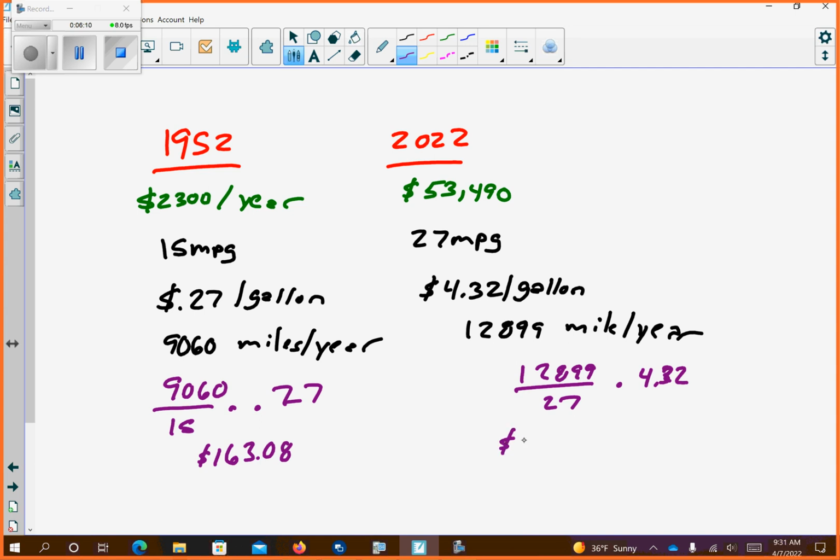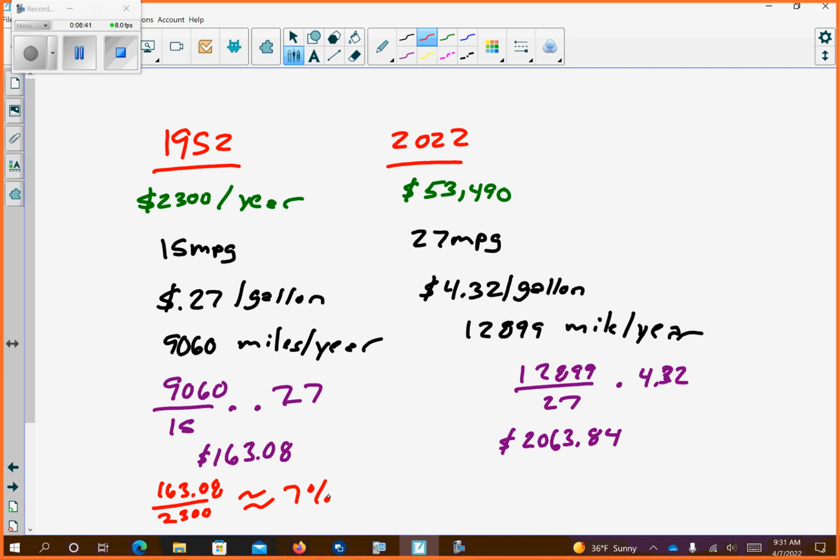Though we're driving further, we're getting better mileage. These guys today, this is what people are averaging. What I looked at then was 163.08 divided by the yearly income and finding it as a percent. This comes out to about 7% of that household income back in 1952 going towards gasoline for their car.